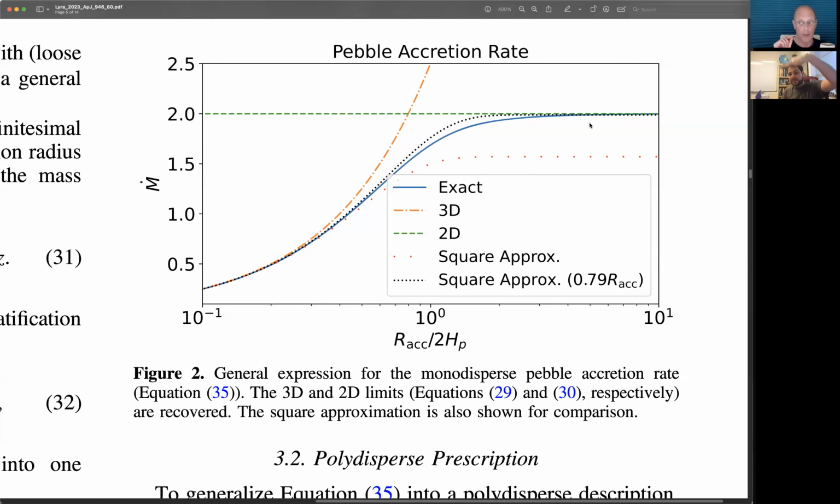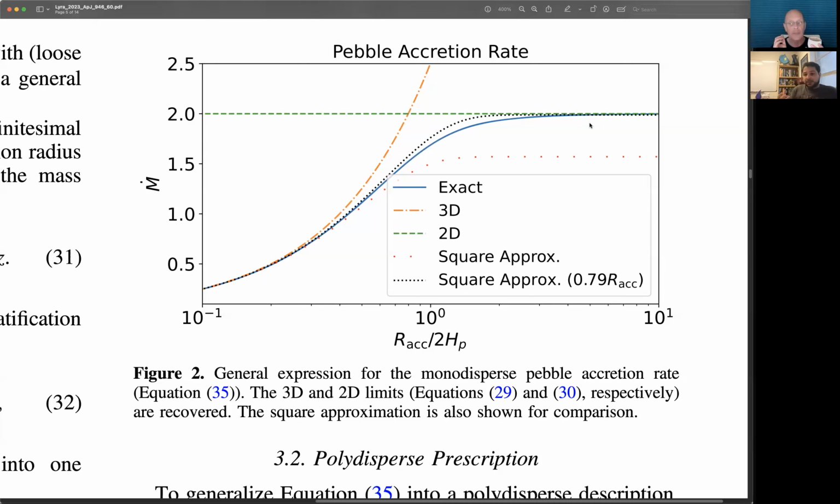It has a cross section that is much bigger than the thickness of the pebble column. So that is the 2D accretion. In the 3D accretion, you have the protoplanet going through the collection of pebbles and offering all of its cross section for the accretion.